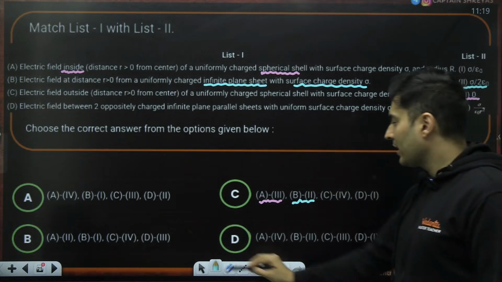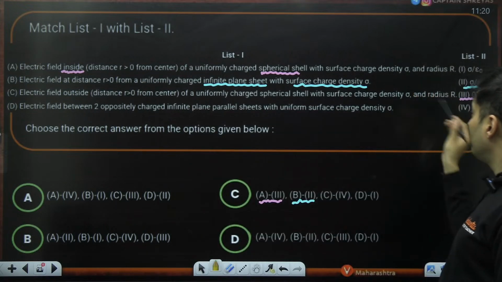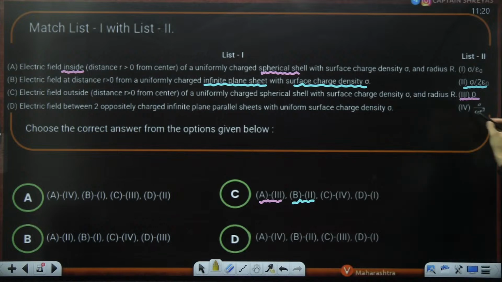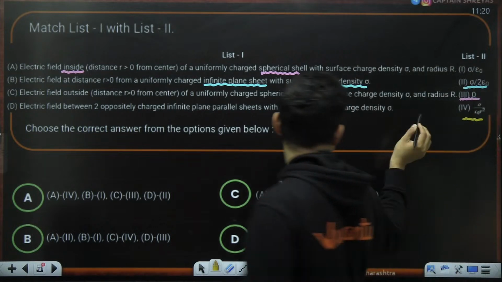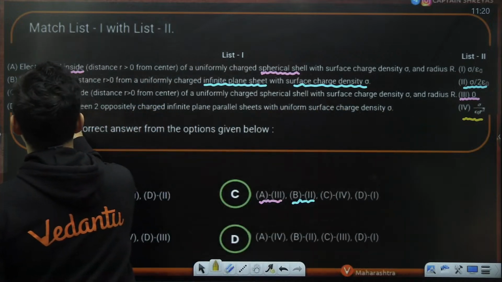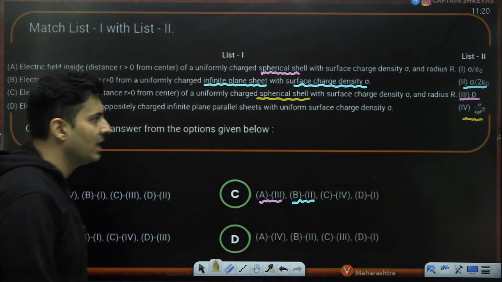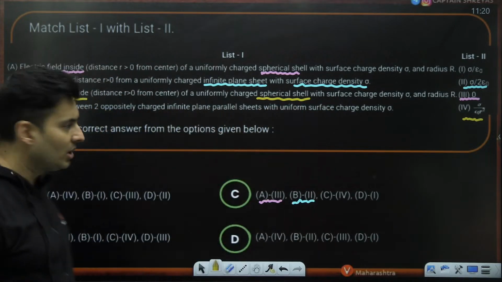Electric field which is outside a charged shell with some density. When you go outside, it is inversely proportional to R square. So C is basically 4. Yes. So electric field outside of a shell, obviously inversely proportional to R square.